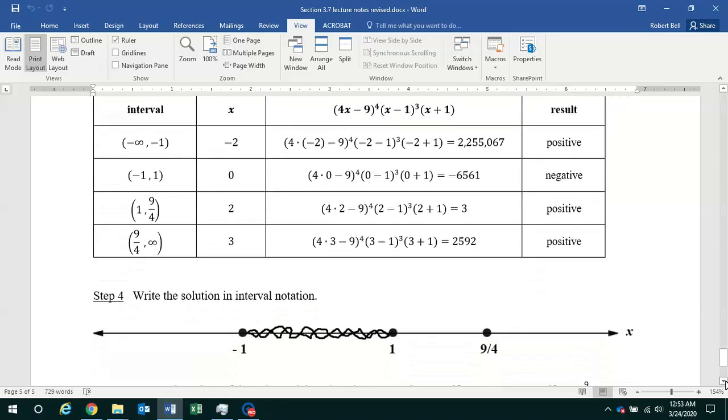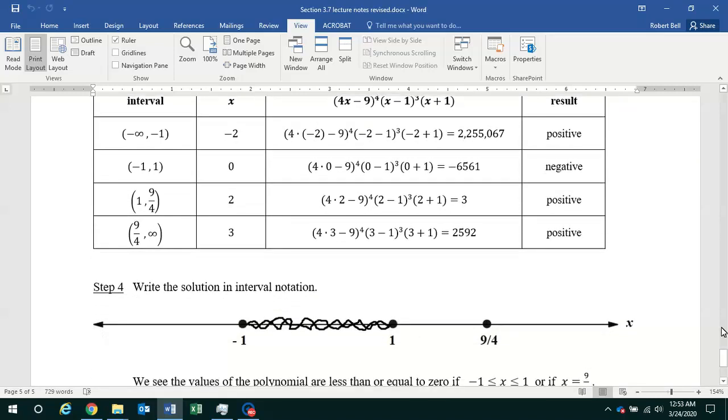So I've graphed the solution down below. And so the real numbers from −1 to 1 are shaded in, along with −1 and +1, because −1 and +1 make the left-hand side of our inequality equal to 0. So they're included in our solution set.